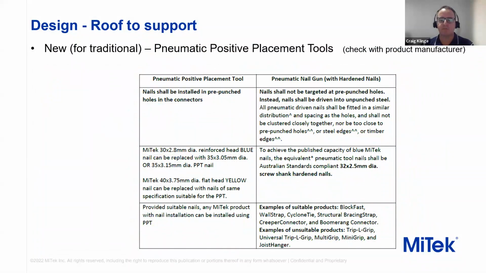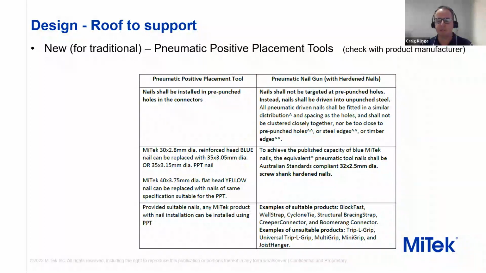We've evolved more recently. In the last 5 or 6 years, there have been quite a few positive placement tools circulating in the market. There are some newer ones that have been coming out in recent times, which actually do provide a fairly good locator for the nail that you can punch through the existing holes. So check with the supplier of your product.